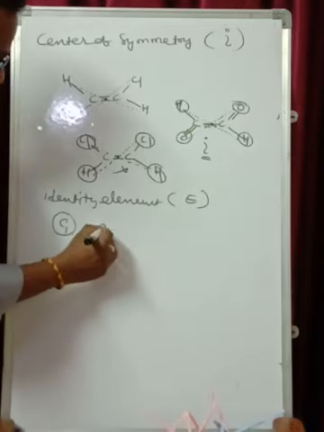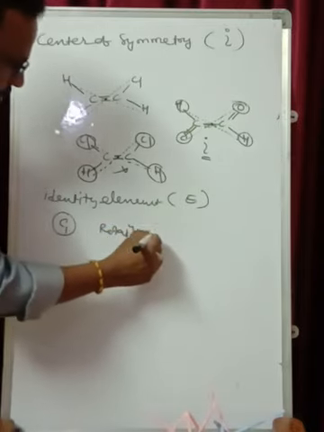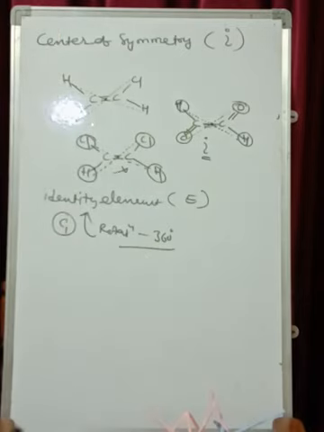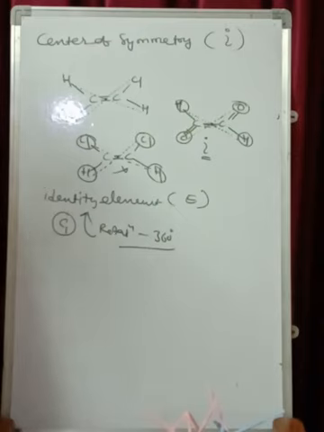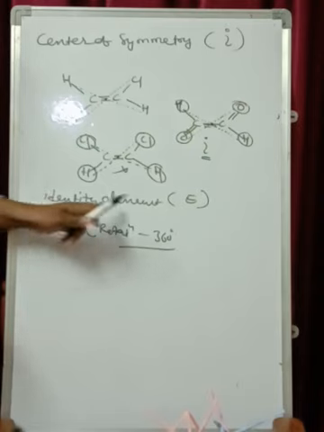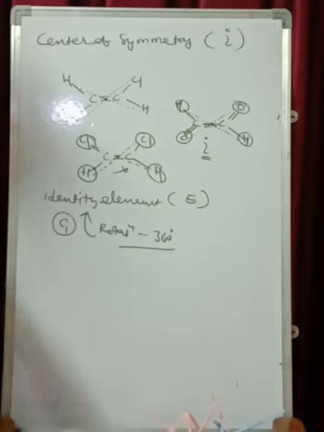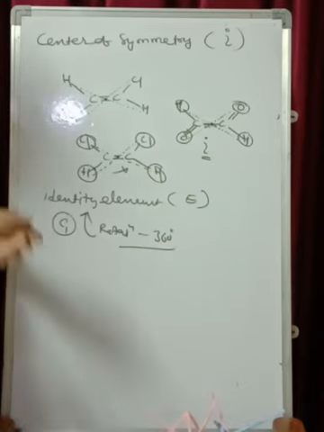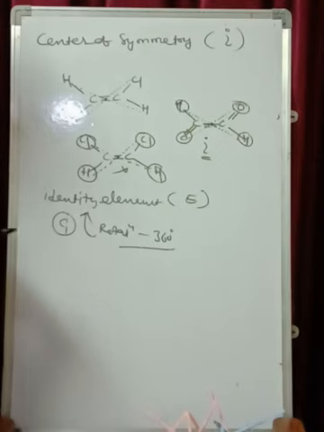Rotation of any molecule by 360 degrees will give you the identity. This identity element is also called the nothing-doing operation. If you take a molecule, rotate it by 360 degrees, it gives you the identical structure, so we call it the identity element. If you take a molecule and do nothing to it, it will be identical. Therefore, it is also called the identity element.